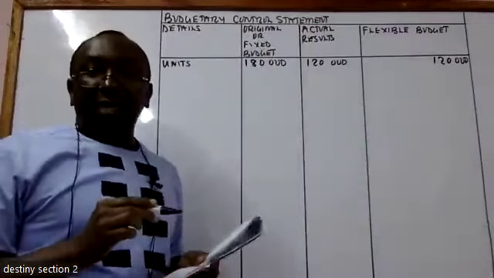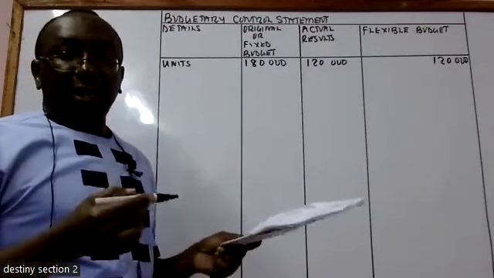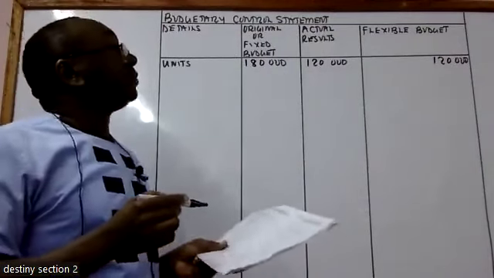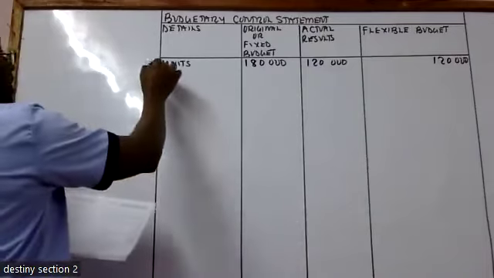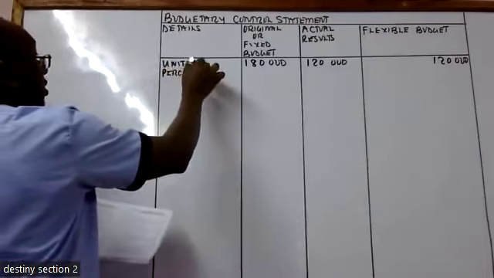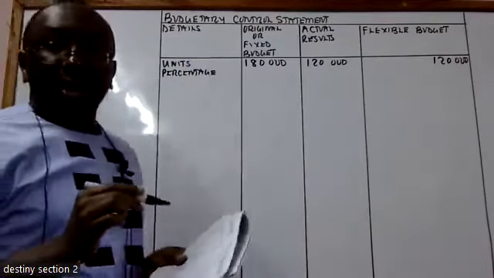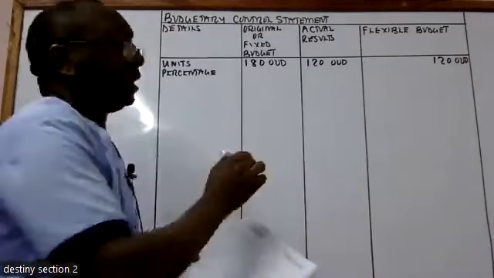The flexible budget that we did last time had equations. So they are another format of doing it. The second thing that we bring here is called percentage. And in the percentage, the original budget is assigned 100%.